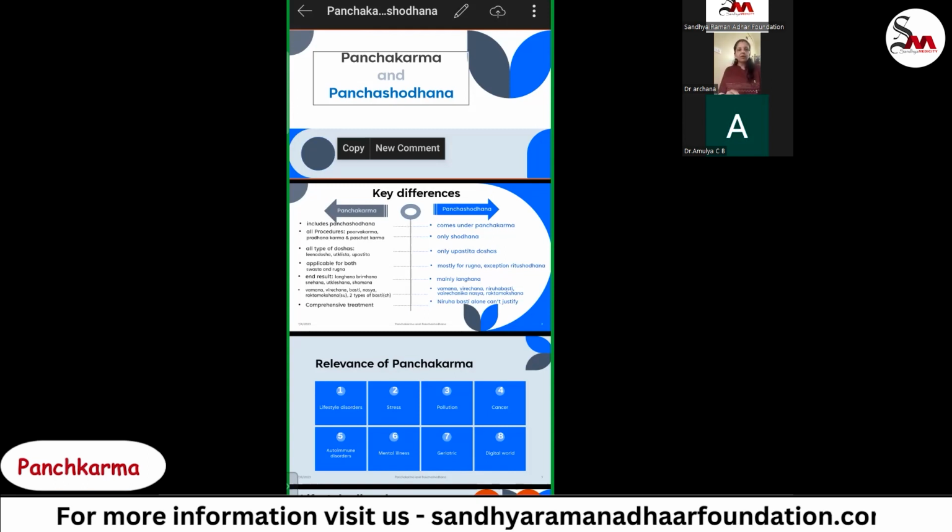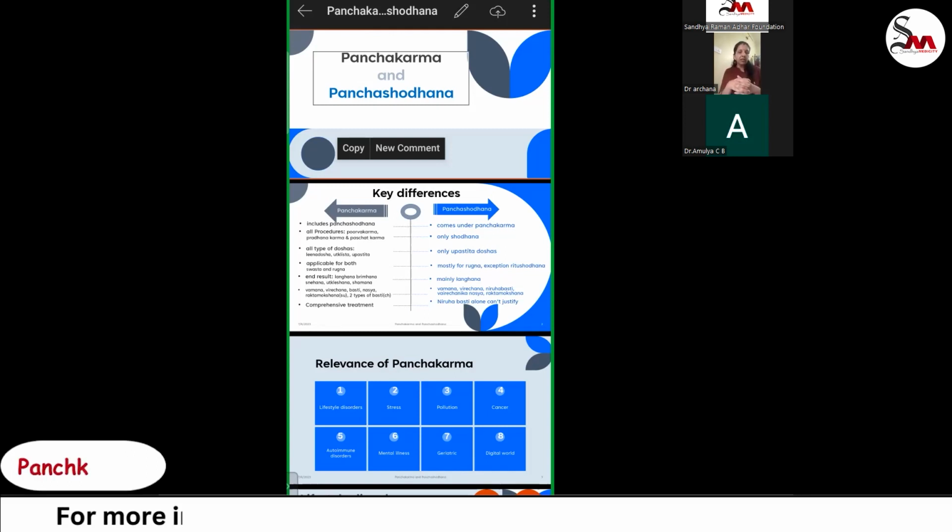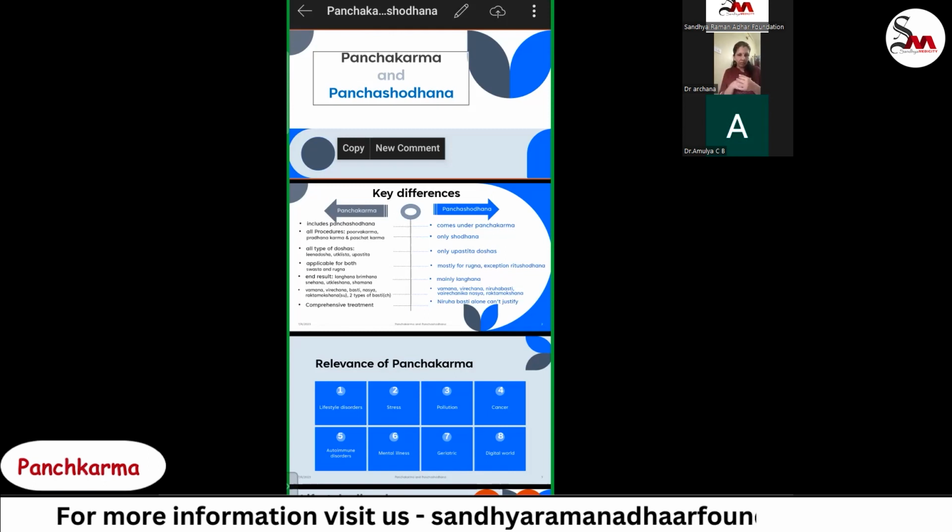Okay. Next point is, Panchakarma is applicable for both Swastha and Rugna. That is, Rutukalina Shodhana also comes under Panchakarma. Also, if you have a patient where you need Snehana in their body, Panchakarma is done there.